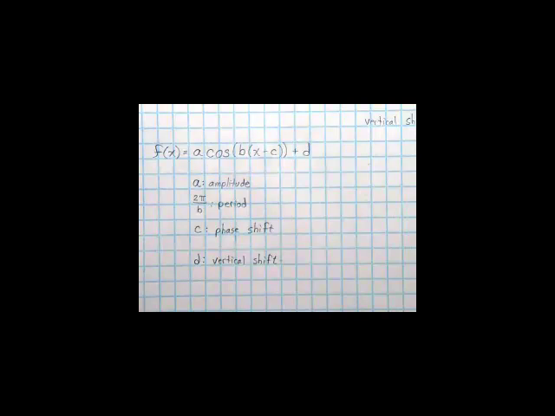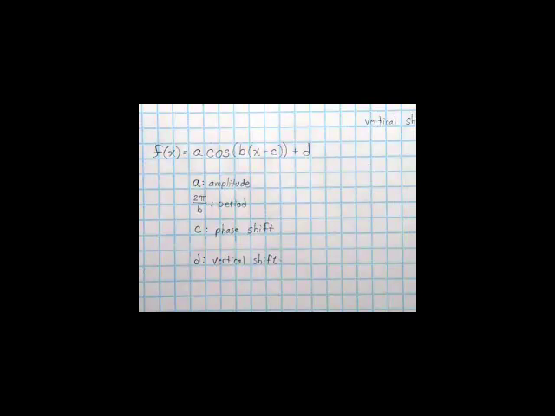Okay, so we're going to do a little bit of, if I give you the amplitude, the period, the phase shift, the vertical shift of some sort of trig function, can you then take that information and sketch a graph of it?